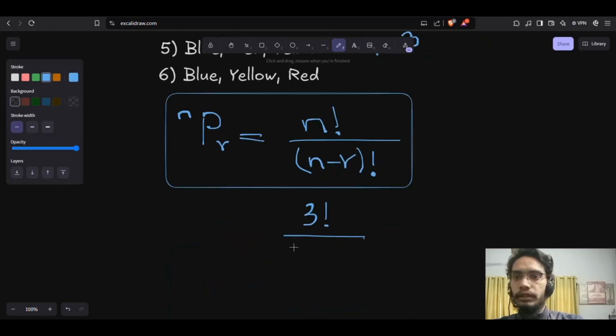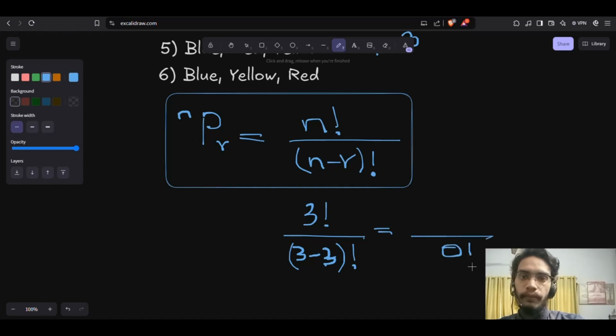If I put this in this formula, it will be 3 minus 3, so in the denominator you would get 0 factorial, and this 3 factorial in the numerator will be opened up like this: 3 multiplied by 2 multiplied by 1.